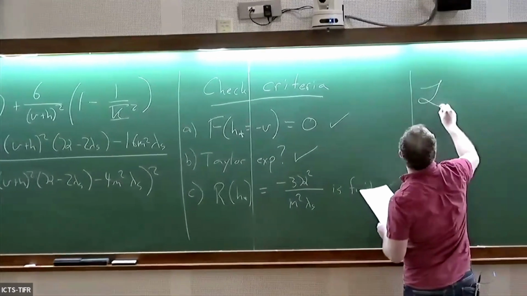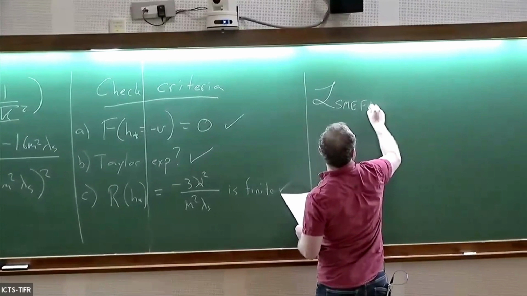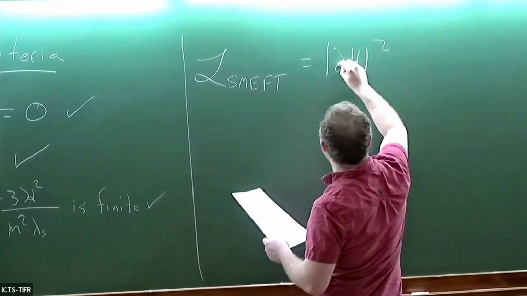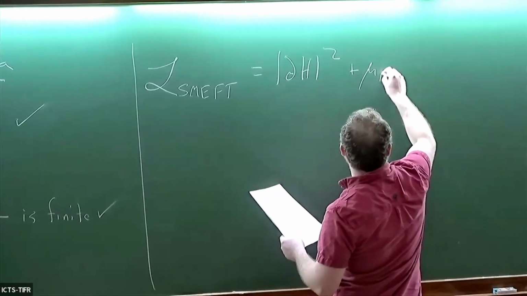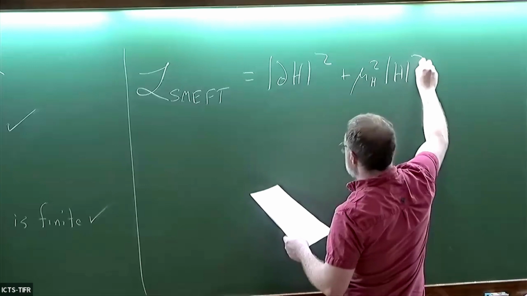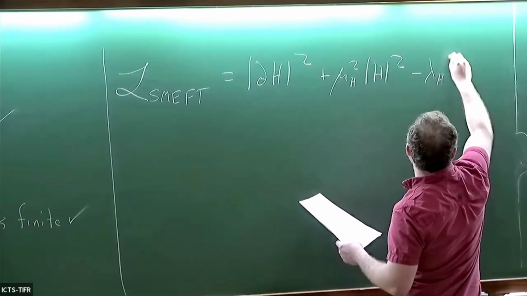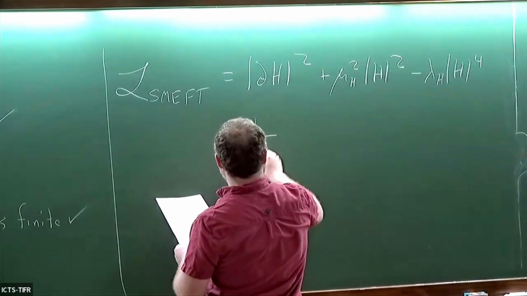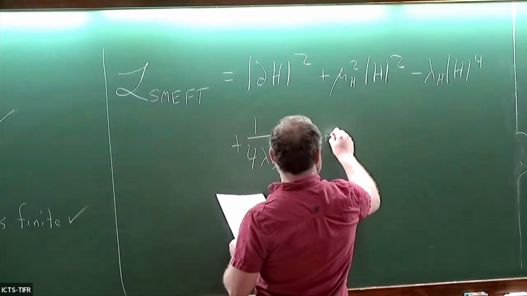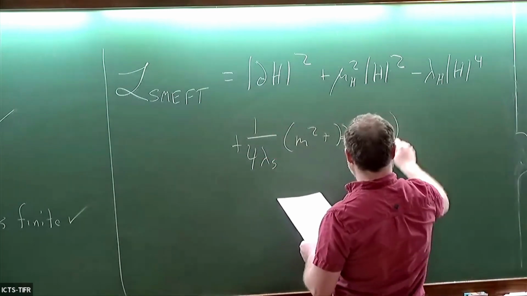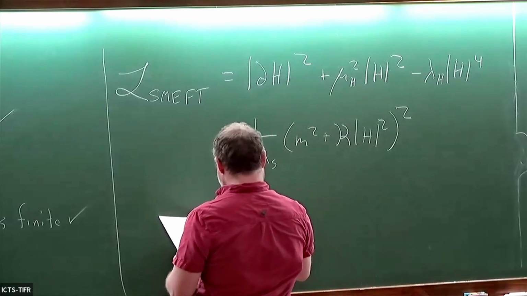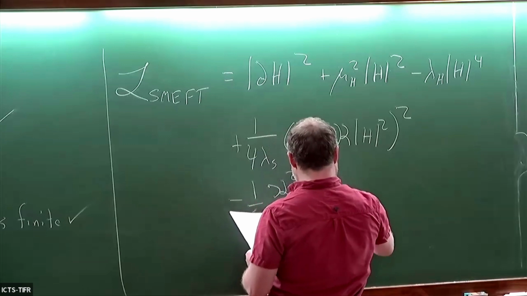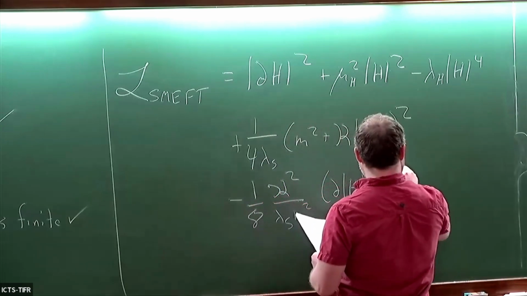Okay, so we have L SMEFT is (dh) squared plus mu h squared minus lambda h to the fourth plus 1 over 4 lambda s (m squared plus kappa h squared) squared minus 1 over 8 kappa squared over lambda s m squared (dh squared) squared plus dimension 8.